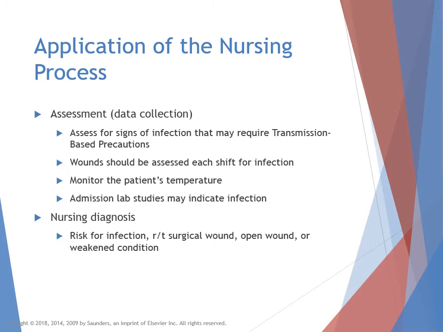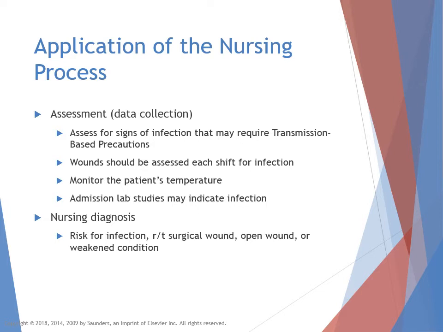We always want to monitor the patient's temperature, so looking for a fever. Admission lab studies may indicate infection, so things like an initial white blood cell count. That's a very common lab done upon admission, and a high WBC count could indicate infection and further assessment. So those are all different data collection assessment items when it comes to infection.